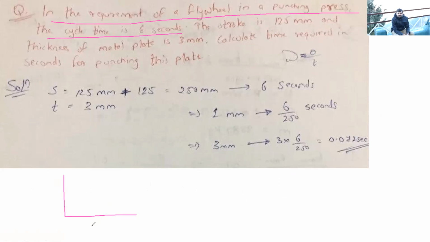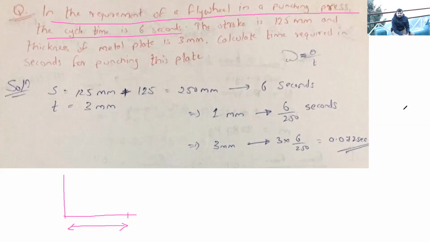When we draw the T-theta diagram, the amount of angle turned by the crank for one complete cycle is called the cycle angle.